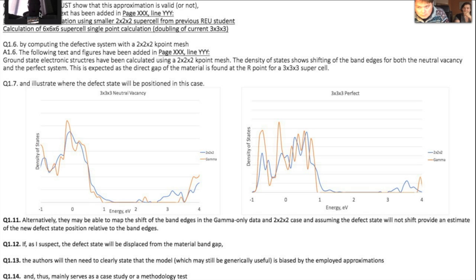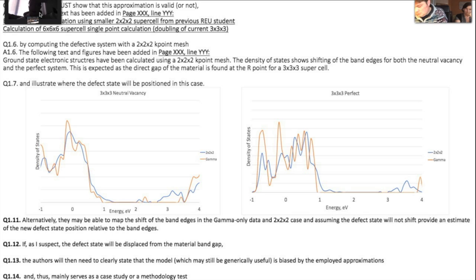Looking at the left image, we can see that increasing the K-point mesh shifts where the band edges lie and also shifts where that vacancy state is exactly inside the band gap.